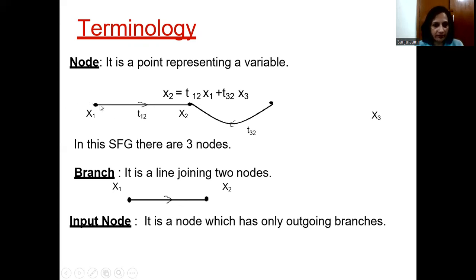So in this, we can very well see x1 node signal is outgoing, to x2 node one signal is incoming, and there are two signals which are incoming. So it cannot be the input node. So input node is the node that is having only outgoing branches.